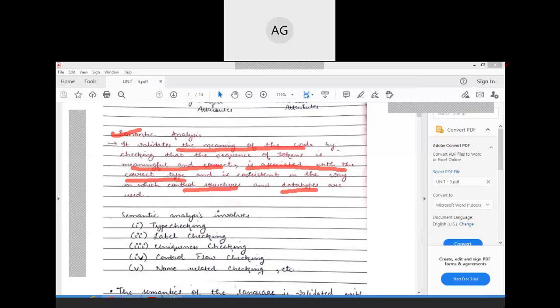Okay. Now I am enlarging the screen. Just a minute.